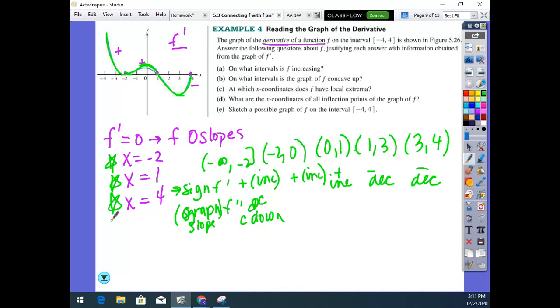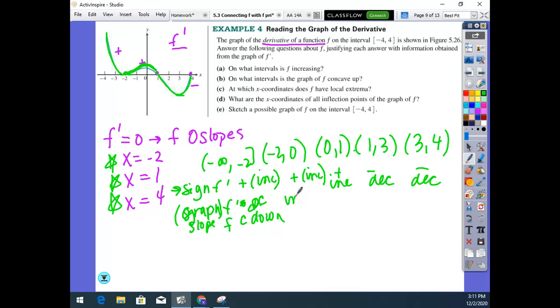Now let's look at the concavity. If f prime is decreasing, that means the function is concave down. So let's maybe talk about it this way: f prime is decreasing, which means f double prime is negative and f is concave down. That's maybe a better way to think of that. All right, so what's happening here, this is where my slope is going up.